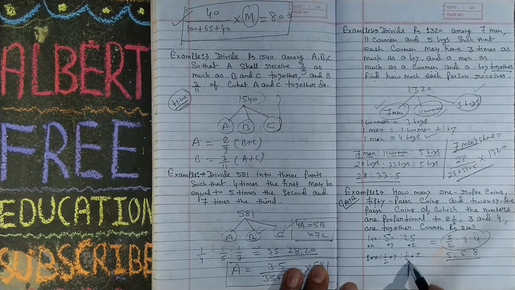Now all of these are rupees. At first you have to change the ratio. This is also money, so you multiply by 4 here and here.